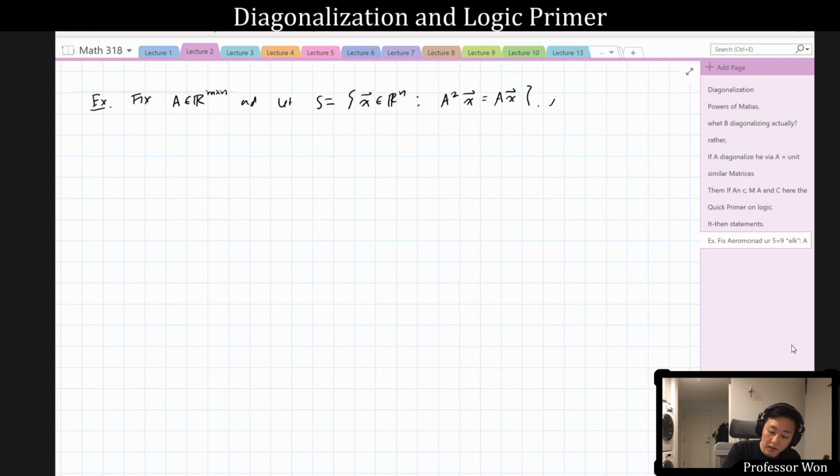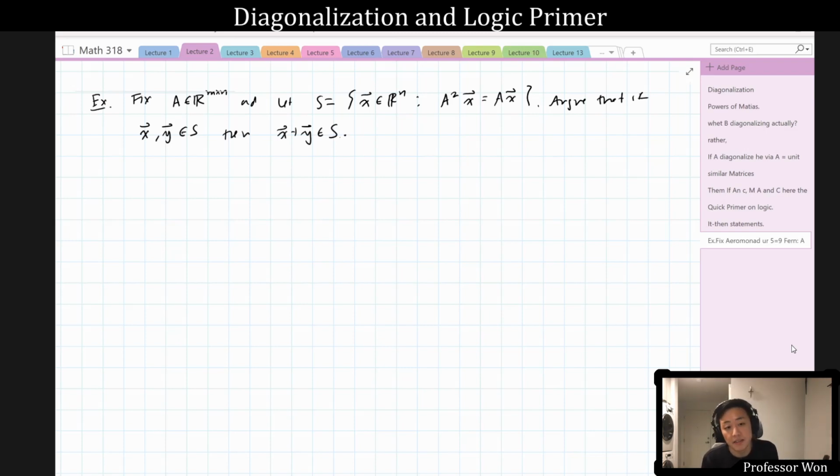Argue that if x and y are in S, then x plus y is in S. Something like this could easily appear on a problem set. Here's some setup: argue that if x and y have this property, then x plus y has this property.